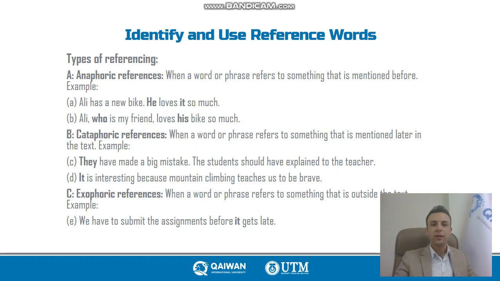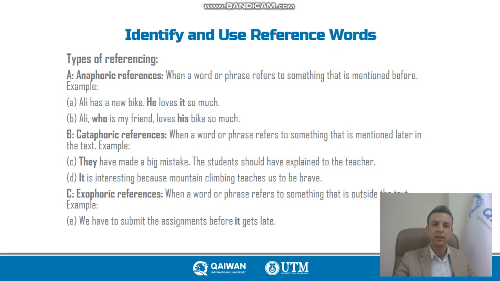Well, on the other hand, we have cataphoric referencing, in which we have a word or a phrase that refers to something that is going to be mentioned later, not earlier. Look at these examples. We say, they have made a big mistake. You see, they is a pronoun that refers to a word. But before this sentence, we do not know what exactly it refers to.